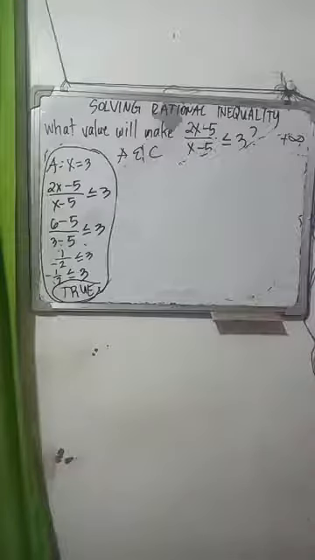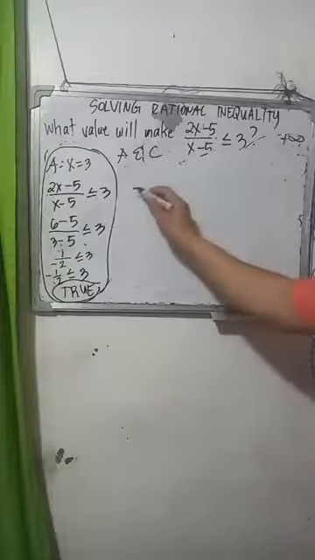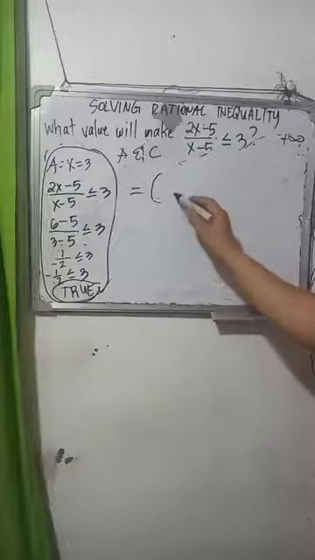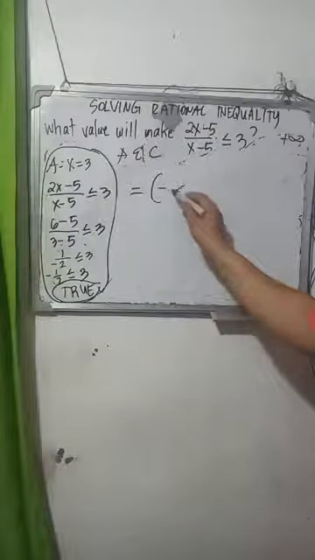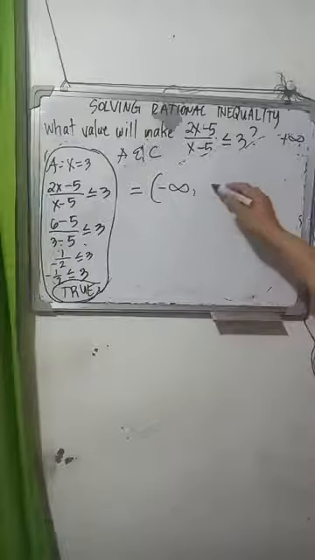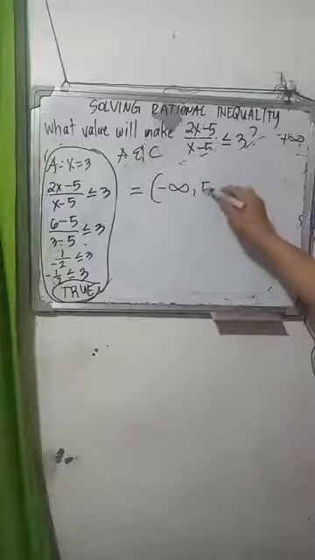So to make the final answer in interval notation, that is equivalent to parenthesis, negative infinite numbers, comma, positive 5.